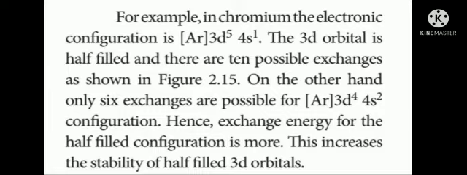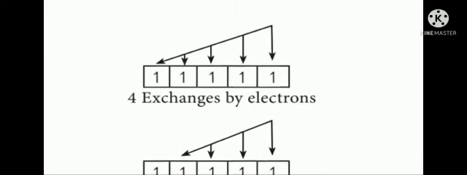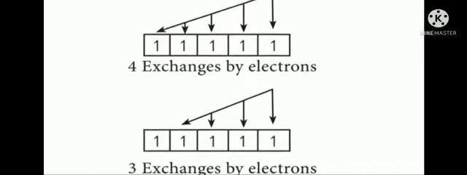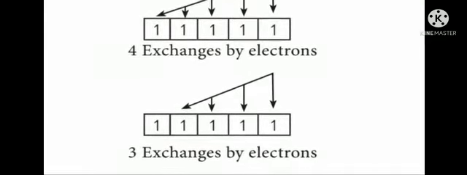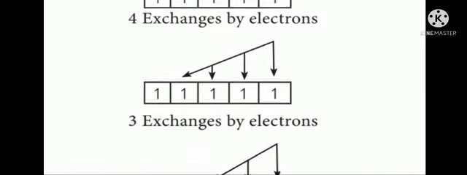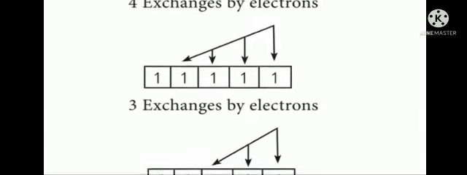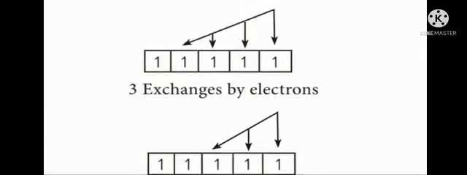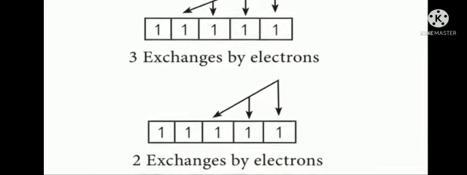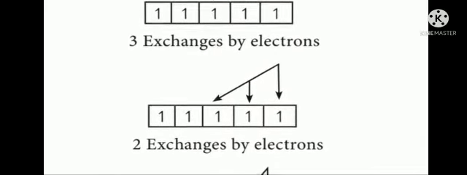The 3d orbital is half-filled and there are 10 possible exchanges, which is shown here. 4 exchanges are possible when the first electron is exchanged, 3 when the second electron is exchanged, 2 when the third electron is exchanged, and 1 when the fourth electron is exchanged.